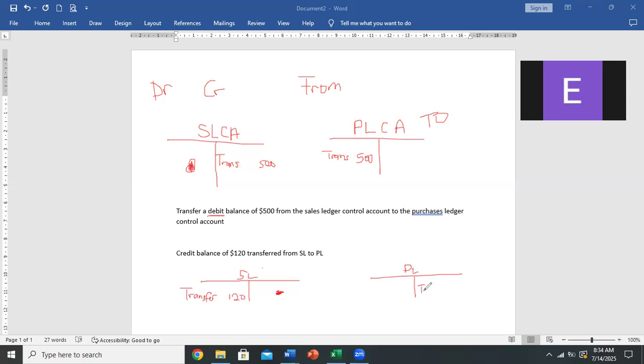So the transfers affect both the sales ledger and the purchases ledger control account. When they give you the illustration and you see transfer this balance to this account, that is how you approach it: identify the source, know the balance you are transferring, and put in the right entry to remove that balance and put it in the right place.